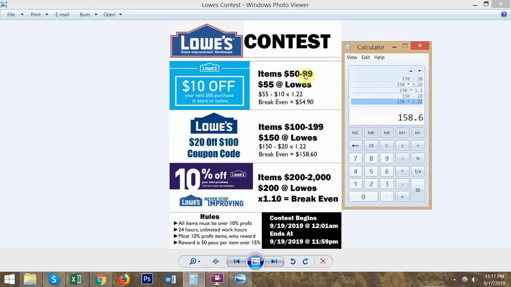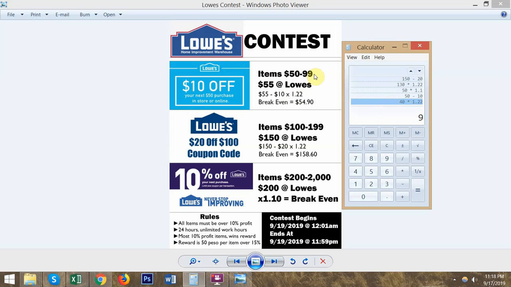Same thing for $50 to $99. $50 times 1.1 is $55. But $50 minus $10 off times 1.22 is $48.80. So again, the price that we could sell it for is $1 less than the price on Lowe's.